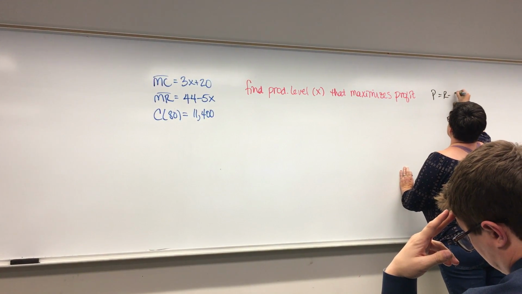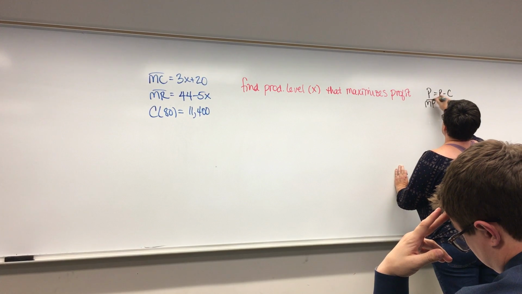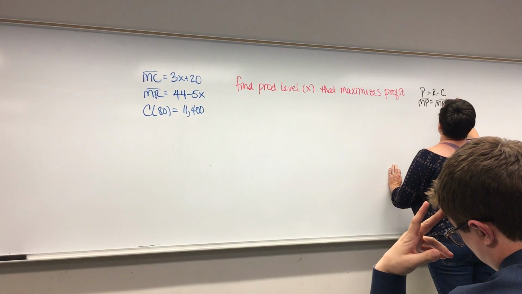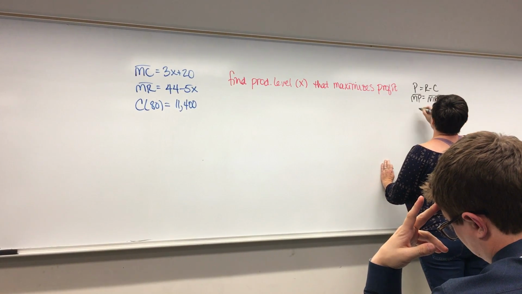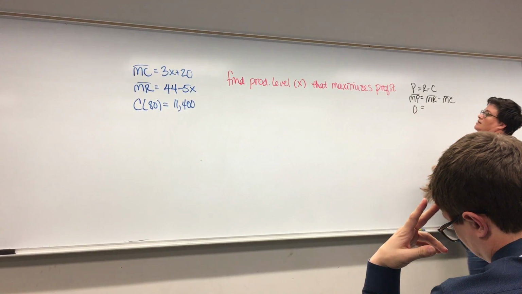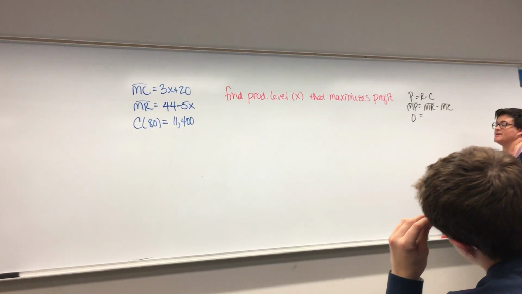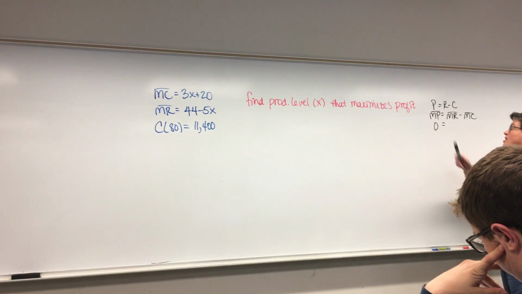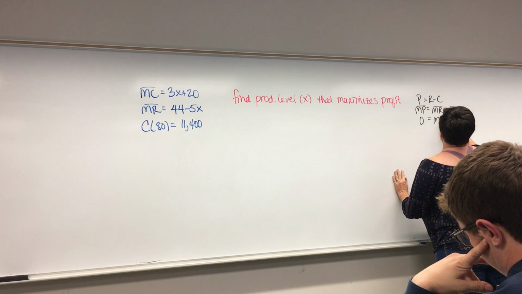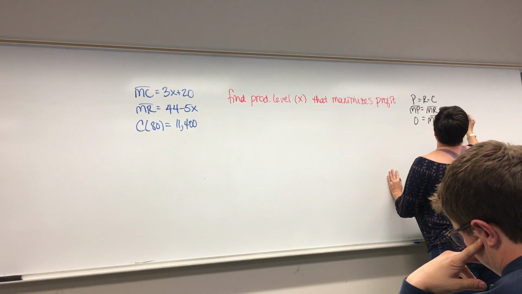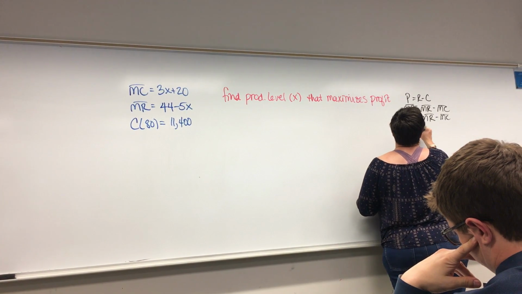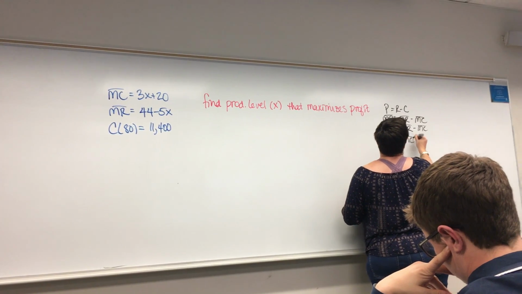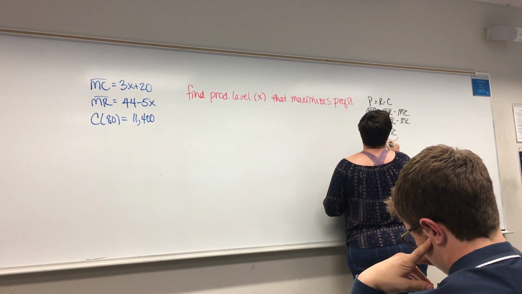Profit equals revenue minus cost. Marginal profit equals marginal revenue minus marginal cost. Remember, the X value that maximizes profit is where the slope of profit equals 0. So we're gonna set marginal profit equal to 0. And we're literally gonna drag marginal cost over. So where marginal cost equals marginal revenue.